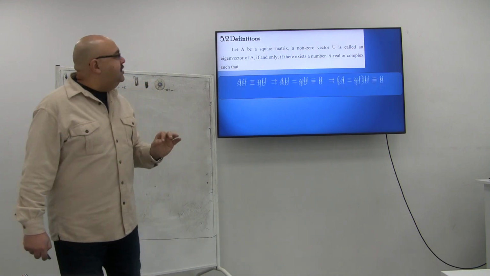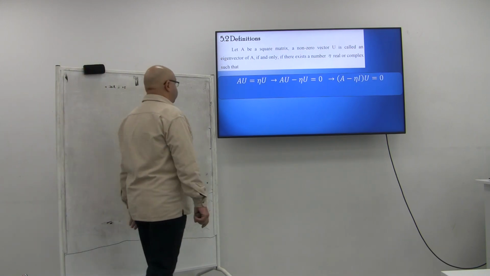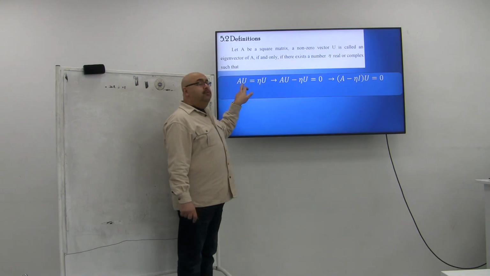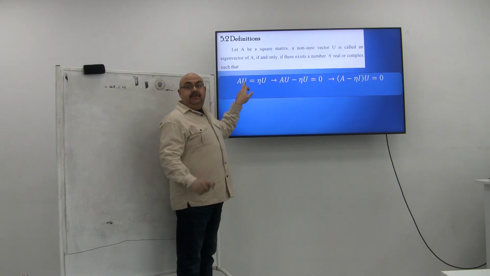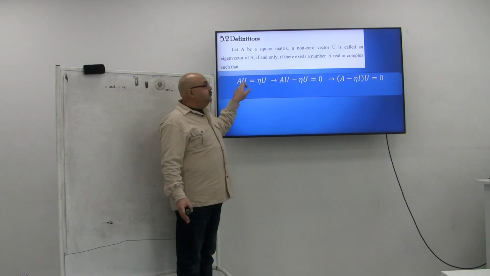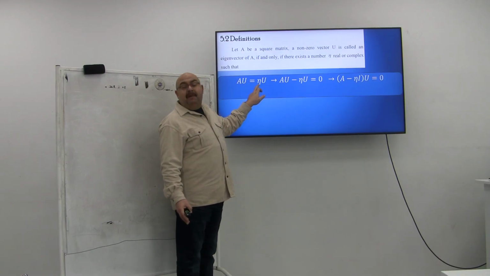Please look at this relation: AU equals eta times U, where U is the vector that we are calling the eigenvector, A is a square matrix, and eta is a number which is called an eigenvalue.